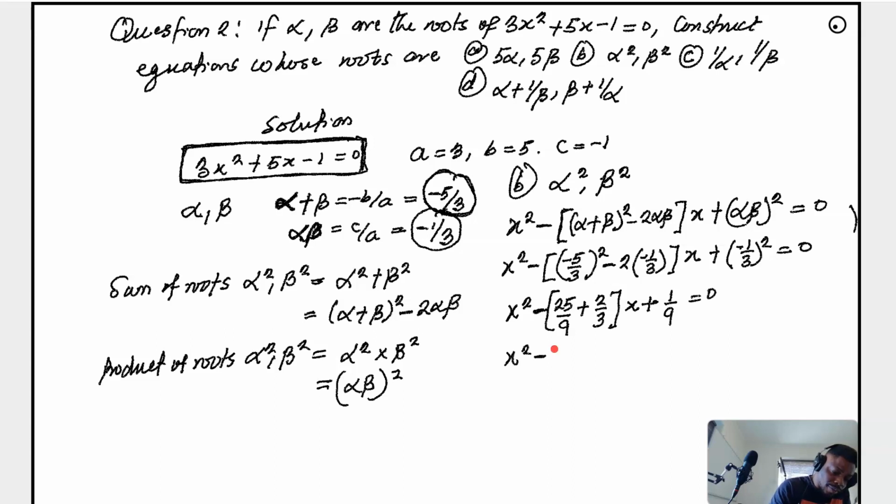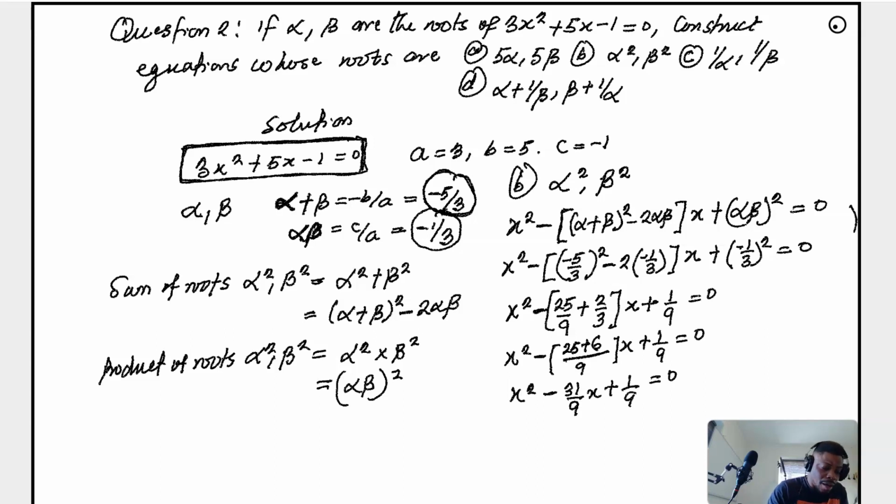So minus, now this one is 9, 25 plus 6, that is 31 over 9 x, plus 1 over 9.